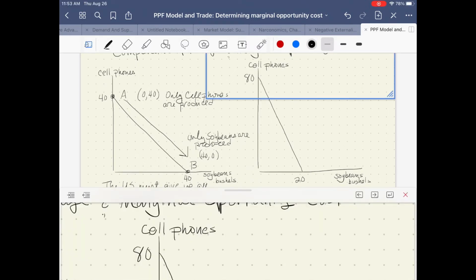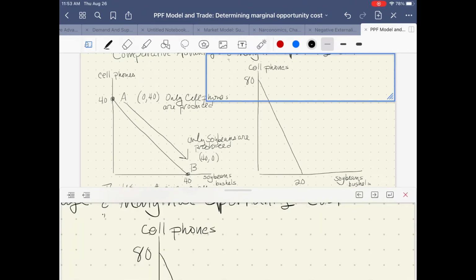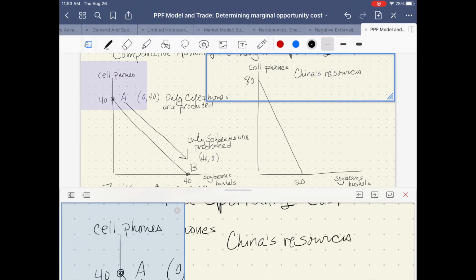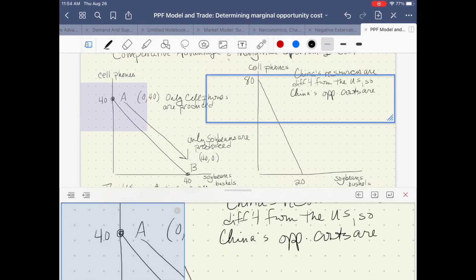In just a minute, I'm going to write, again, a little slower than I'd like. As I said, China's resources are different from the U.S., so China's opportunity costs are different. See? Now it's written down.